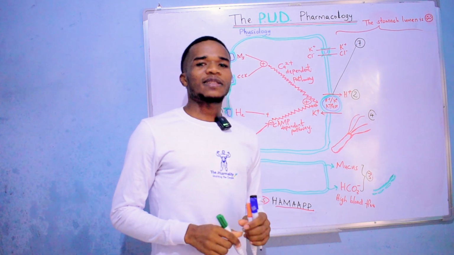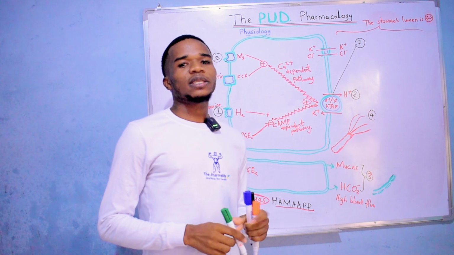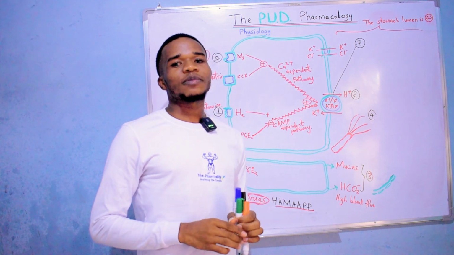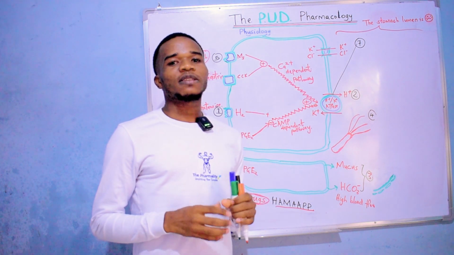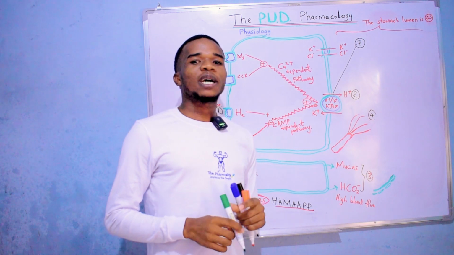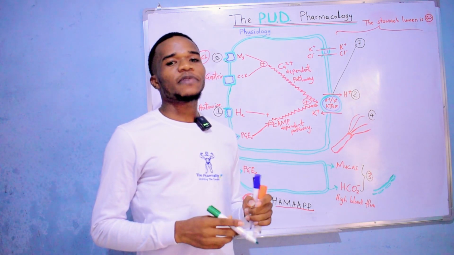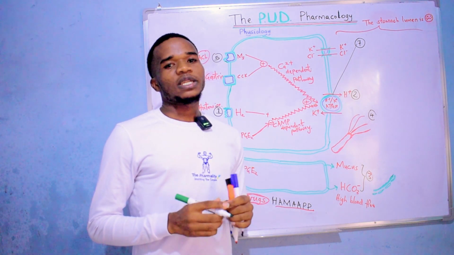Like any other disease that you'll encounter in life, what happens in the disease state is that there's an imbalance between the factors that are aggressive and the factors that are defensive. In peptic ulcer disease, some of the defensive factors cause neutralization in the stomach.